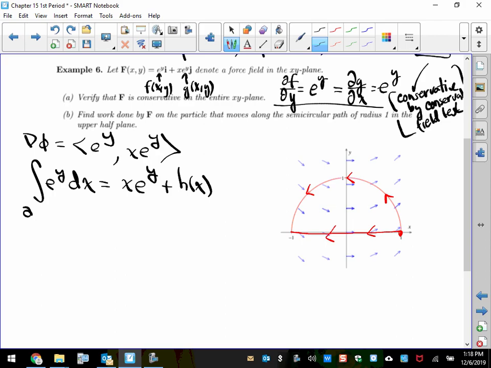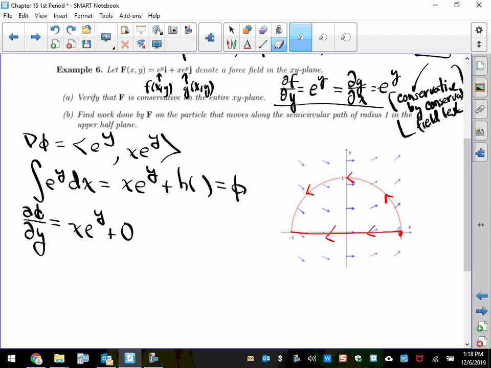So the partial of phi with respect to y, this is phi, that's just going to be x e to the y plus nothing, because the partial of that with respect to, whoops, this is not nothing. This should be some function of y.